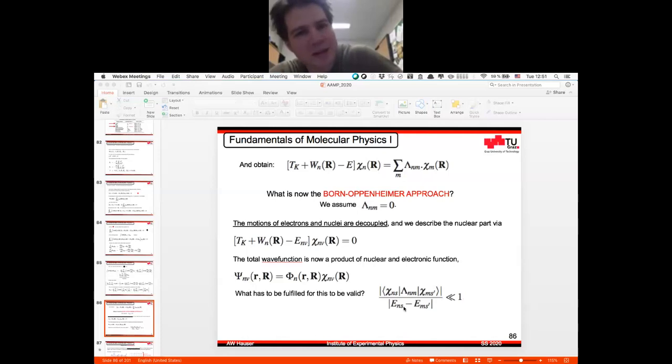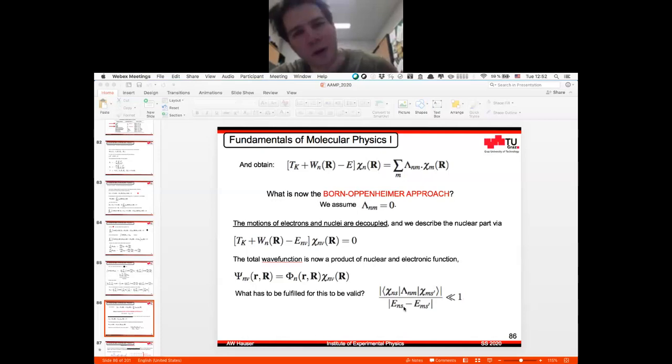They intersect, and in this case, the potential energy surface for the ground state is no longer well defined, because depending on the geometry of the molecule, it's either electronic state A or electronic state B. So they start to mix, and we lose this concept of the potential energy surface. We still stick to the picture of the potential energy surface because it helps us to understand what's going on, but we have to accept that in this case, our electronic wave function is a mix of both. Okay, so that's what I wanted to say.